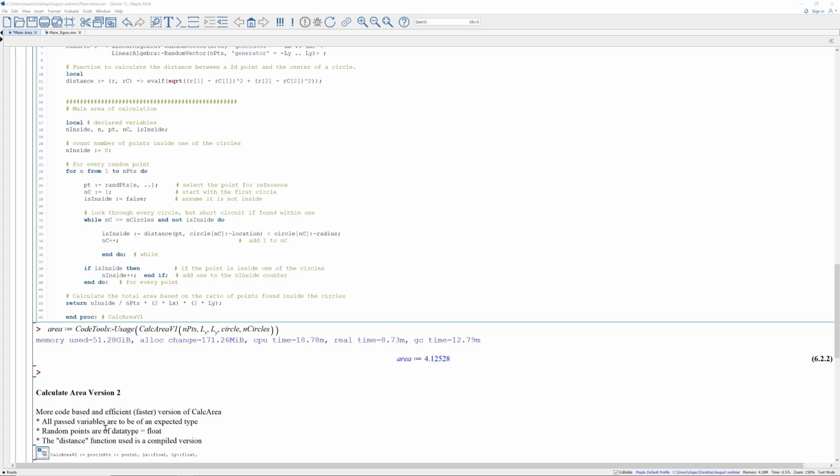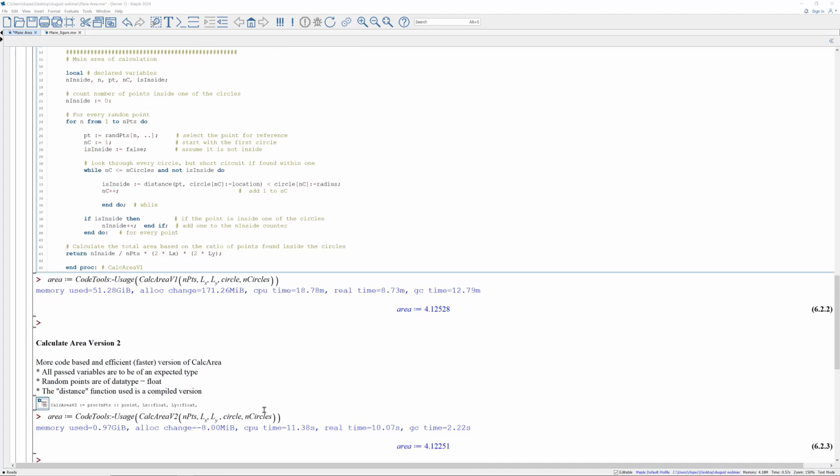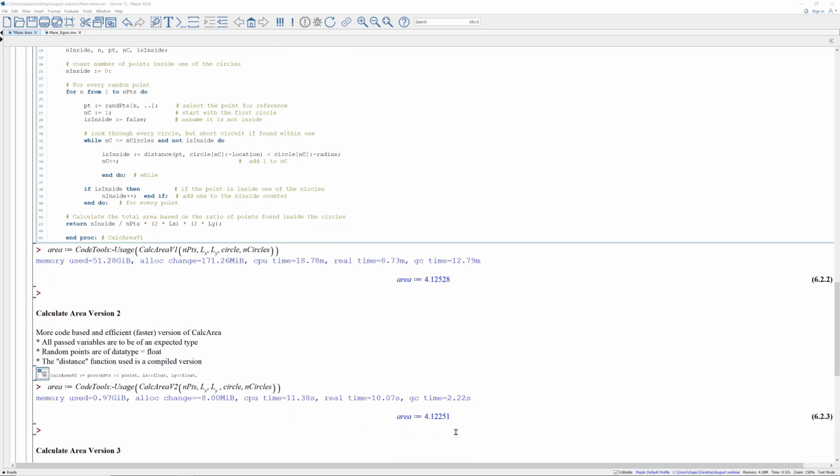And the other thing that he does is he makes various quantities be of type or data type float. You'll see the time is decreased to 2.2 seconds and the value of the area is pretty much the same.